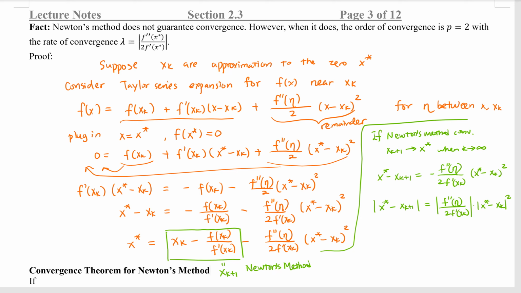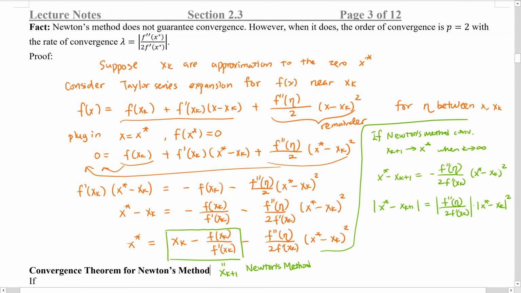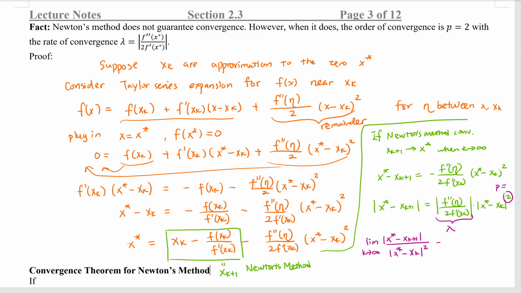Let me write it that way. Okay, do you see this 2? This is actually the p, and then this is the rate of convergence, lambda. And what is lambda? Well, here you can see the limit as k goes to infinity of the absolute value of x asterisk, the true value, minus xk plus 1, over the true value minus xk squared, is this lambda.